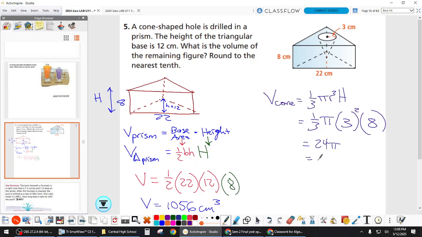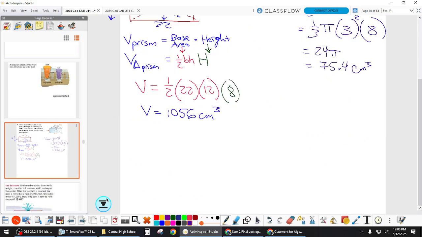75.3. Alright, let's go with 75.4. Everybody good on 75-ish? Okay, then just subtract. So the volume of the overall shape is what?